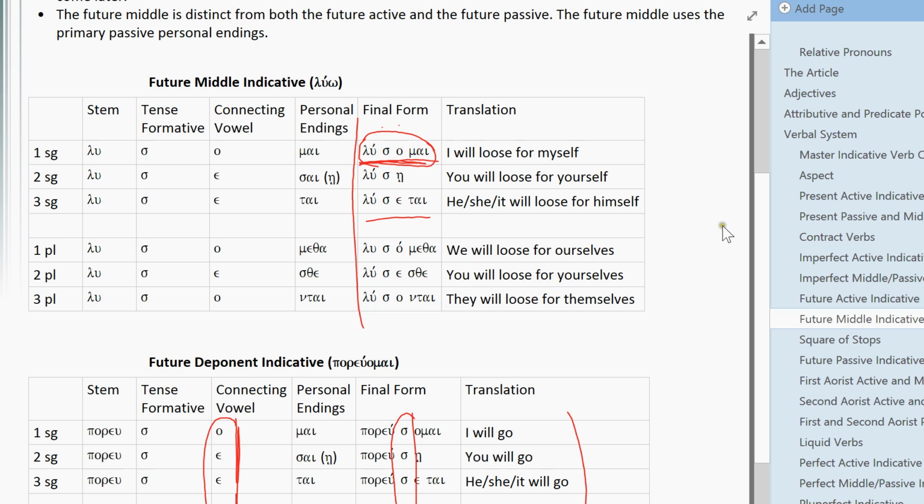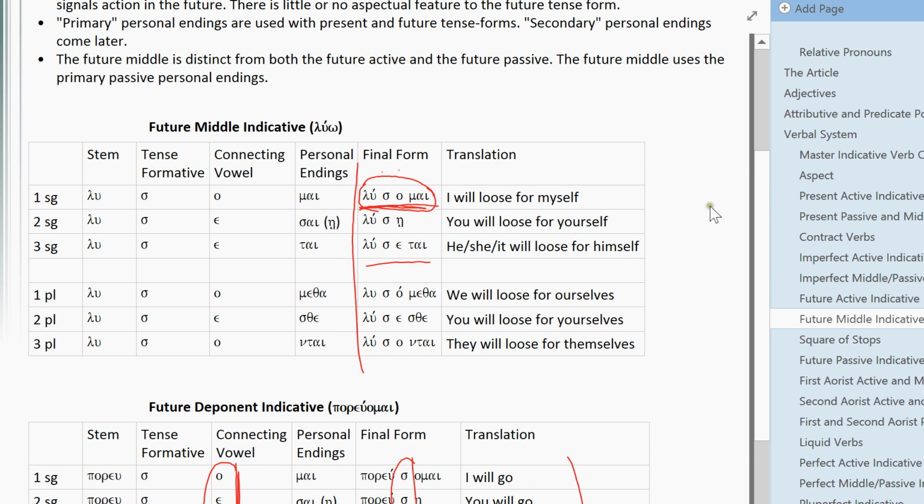Up here, same thing. You can see my translation. I've put I will loose for myself, you will loose for yourself. That's kind of a more traditional understanding of the middle, where there's some sort of self-interest involved in the action. But as I said in former videos, with the middle form you just have to look it up in the lexicon to figure out what the actual meaning is.